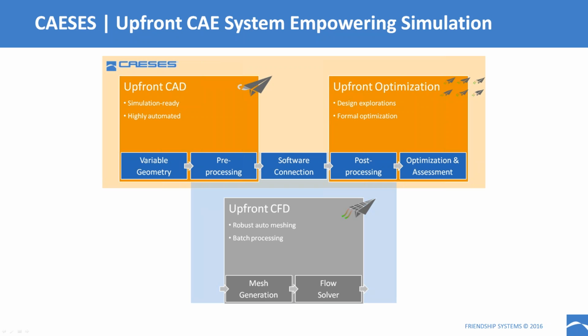So what is included in CAESES? You can basically see in the picture that is shown here. CAESES includes as a first and probably most important part its own CAD kernel, which is a very specialized CAD tool, very focused on providing geometry that is ready for simulation, that is the type of geometry that is needed for the simulation.